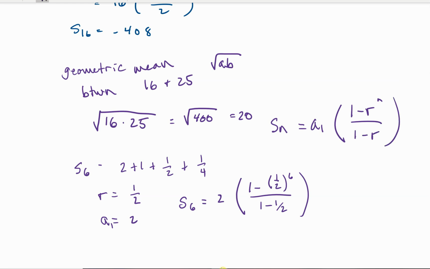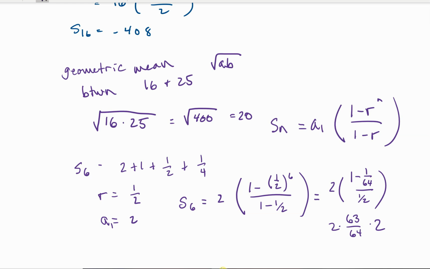So it can get a little complicated, not going to lie. 1/2 to the 6th is 1/64th. So we're going to get 2 times 1 minus 1/64th divided by 1/2. 1 minus 1/64th is 63/64ths times 2, and divided by 1/2 is like times 2 again.